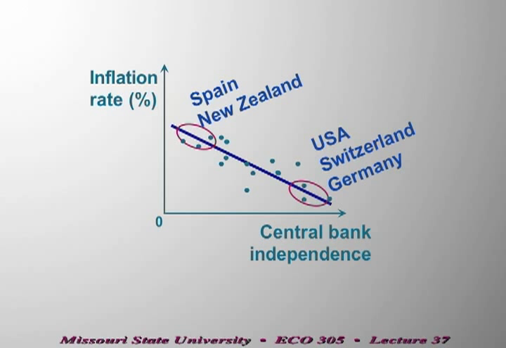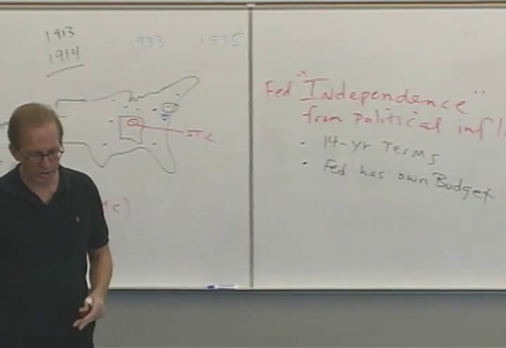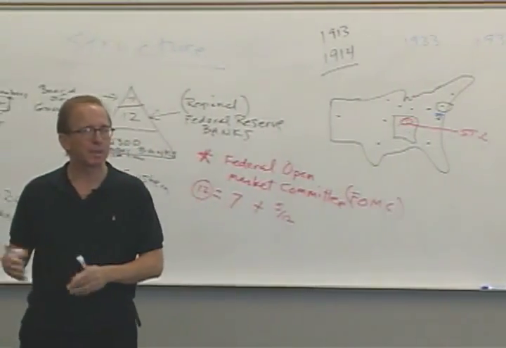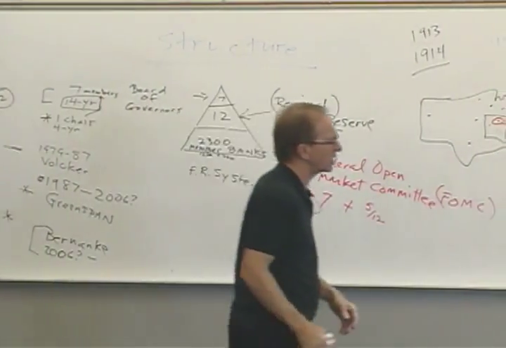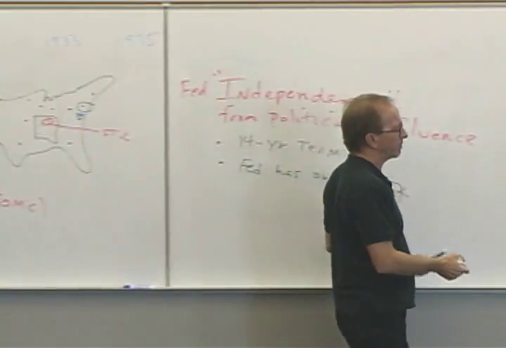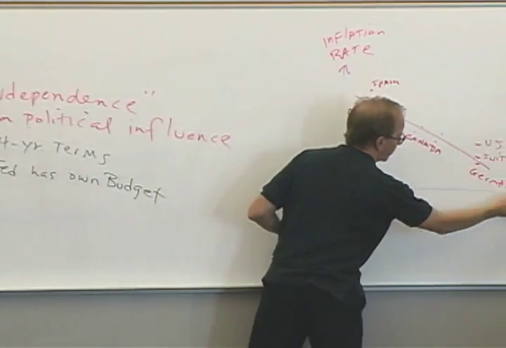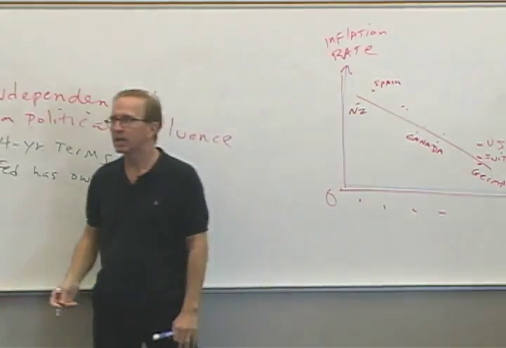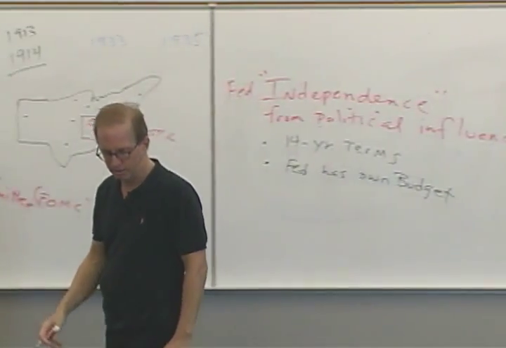Canada is someplace in the middle. And so what this is telling us is just exactly what we thought, and that is the more independent these central banks are, and there's an index number of independence that's assigned here, 1, 2, 3, 4, 5, the more they are able to combat inflationary forces.